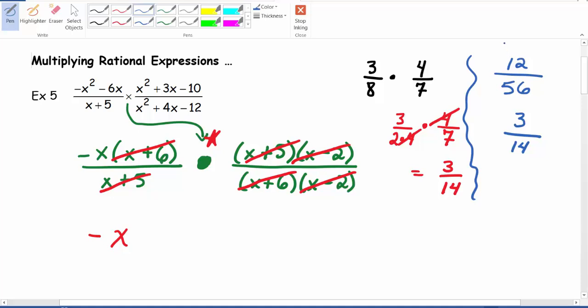Now, we want to avoid taking this route when we're talking about rational expressions. The reason for that is you will sometimes end up with things that have incredibly high degrees. For example, if we did this one, let's actually do the multiplying out. We'd end up with negative x to the 4th, if you distributed this, minus 3x cubed plus 10x squared.